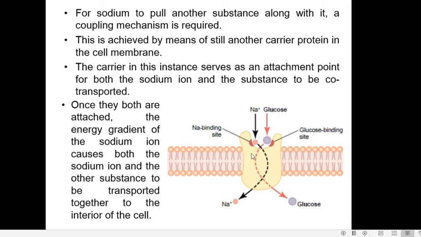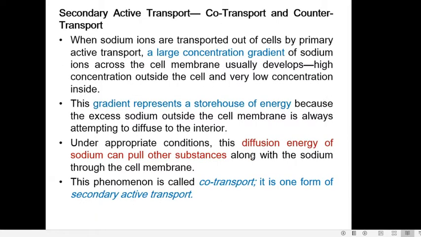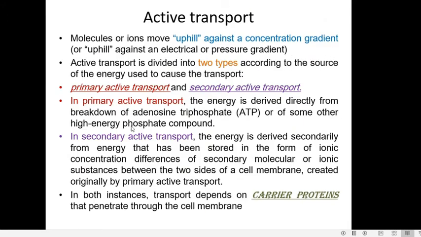So that is why it is called secondary active transport, because in secondary active transport, the energy is derived secondarily from an energy that has been stored or created in the form of ionic concentration difference. We can take the example of sodium.